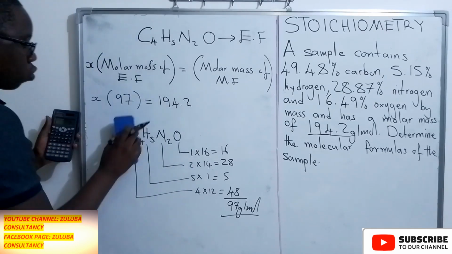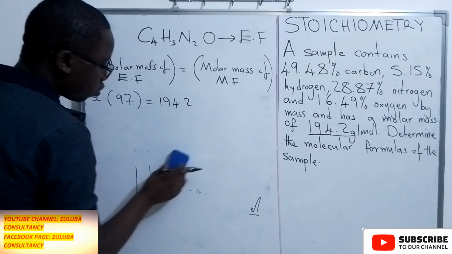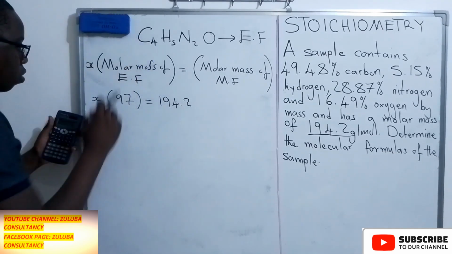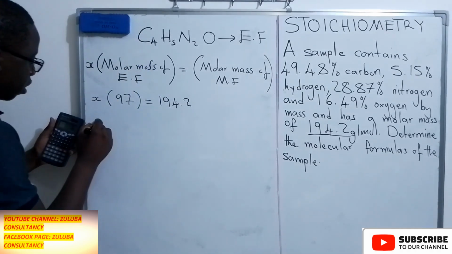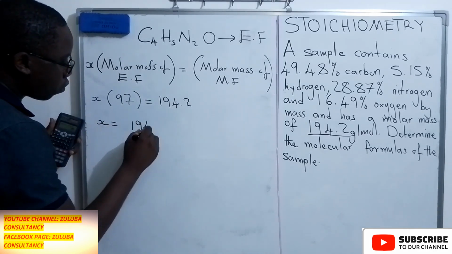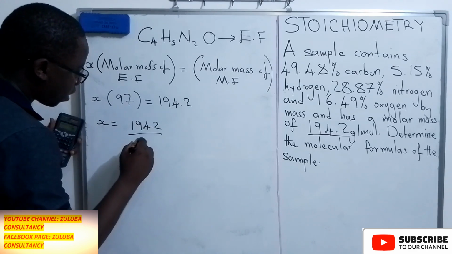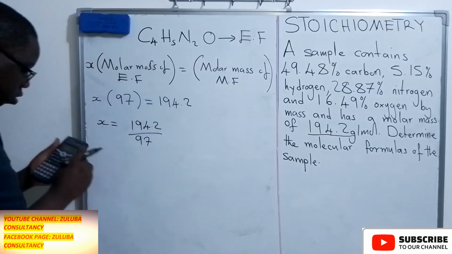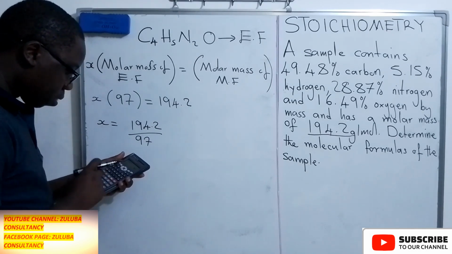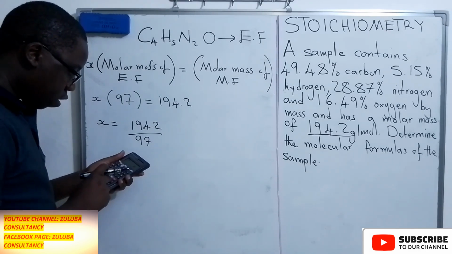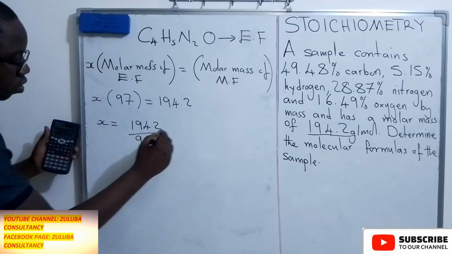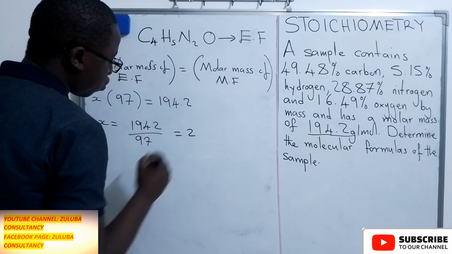At this point, we can now find the value of X. The value of X is equal to 194.2 divided by 97, which gives us X equal to 2.